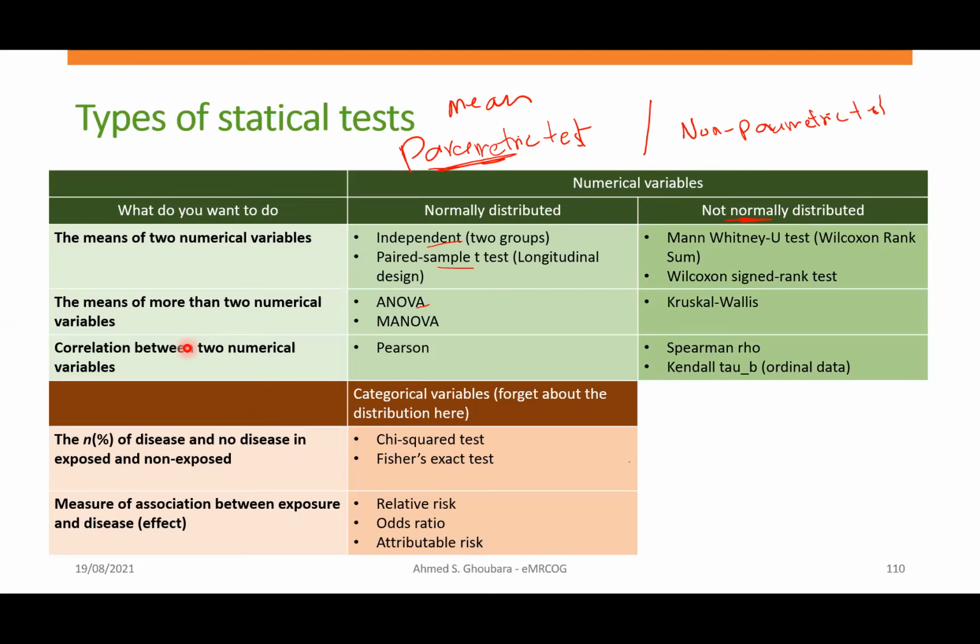In these circumstances, you use something called the ANOVA test. So ANOVA, which is analysis of variance, is actually the t-test for more than two groups, 3, 4, 5, 6 groups. As I said to you, every parametric test has its sister non-parametric test. So what's the alternative of the ANOVA test? It is the Kruskal-Wallis test.